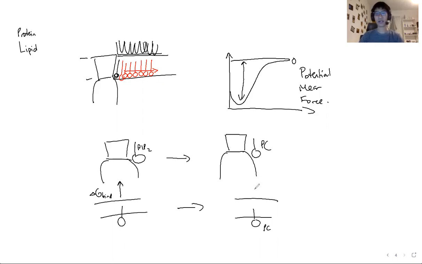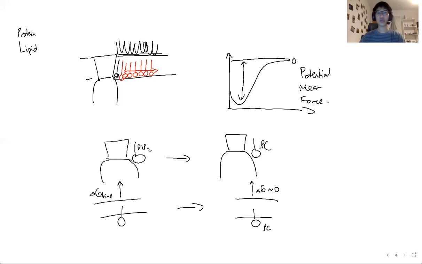Now I can tell you, as a surprise guess, that if I run PMF on this, what I get for delta G of this binding event is very near to zero, because PC is in bulk equilibrium, and we know that in equilibrium, you don't get much binding of a lipid. So this thing will exchange all the time and have very weak binding. So delta G is very close to zero.